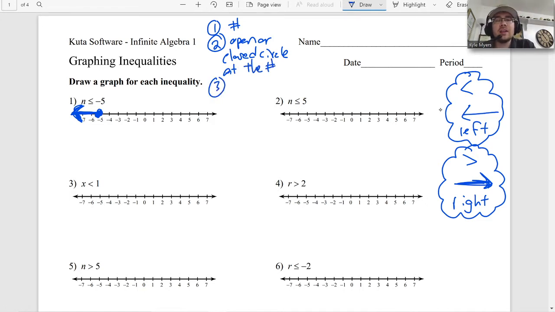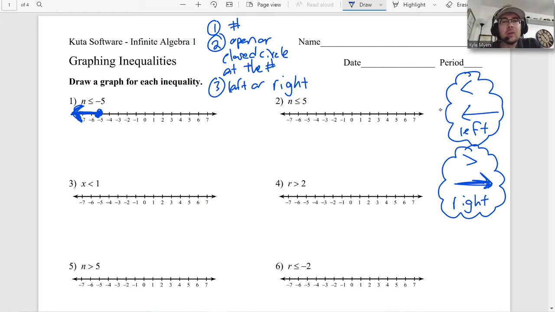And then 3, we just need to know whether I go left or right, which we've already covered. So we need the number, we need to know open or closed circle at the number, and then we need to know whether we're going left or right.